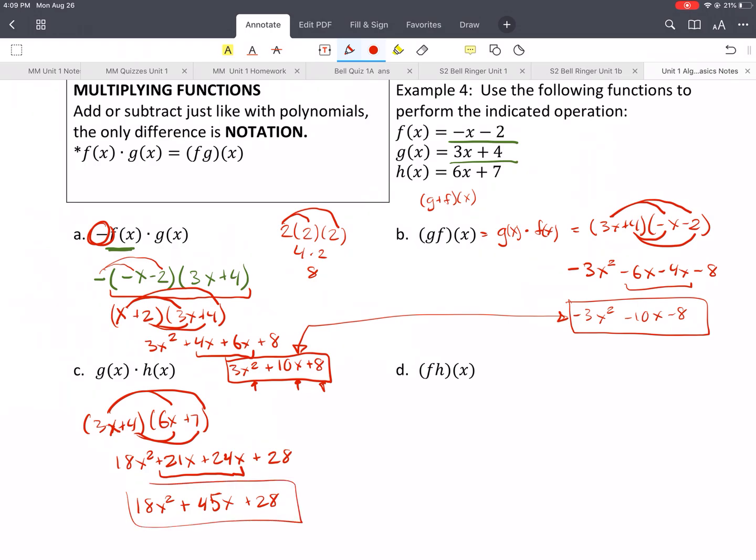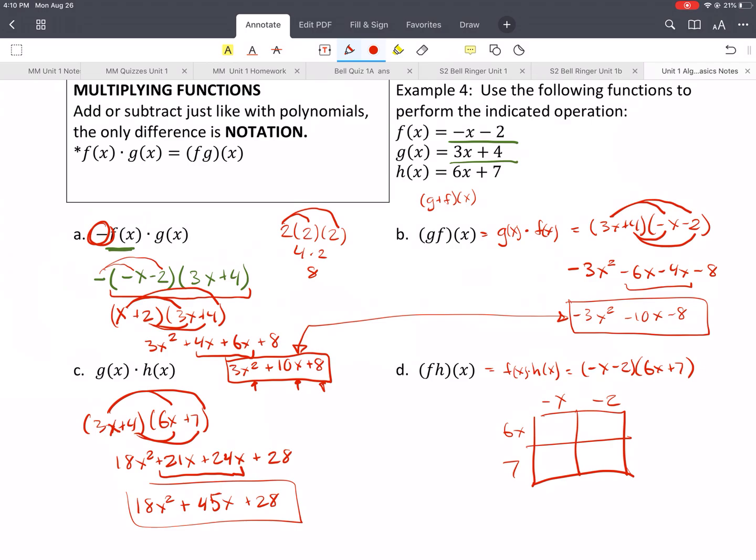f h of x, again that is f of x times h of x, which is the same thing as negative x minus 2 times 6x plus 7. And then here I'm going to do the box method just to mix it up. Okay, here's going to be my box. And here's my negative x and my negative 2 and my 6x and my 7.